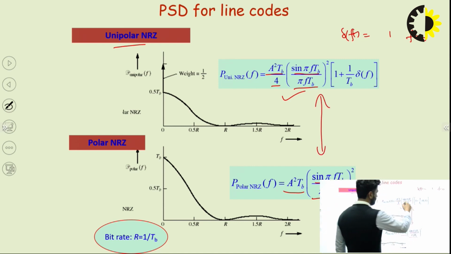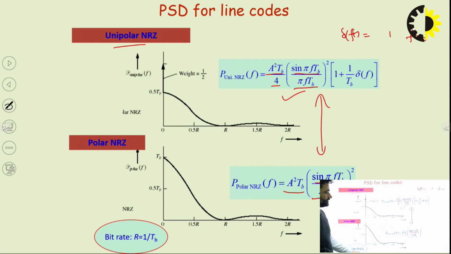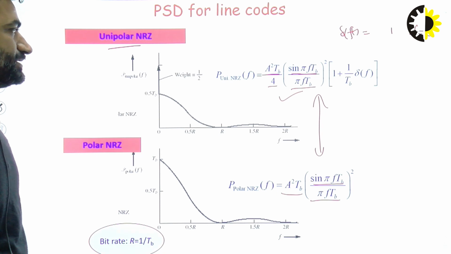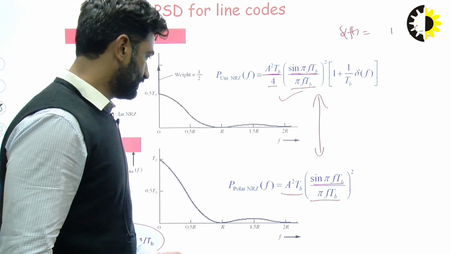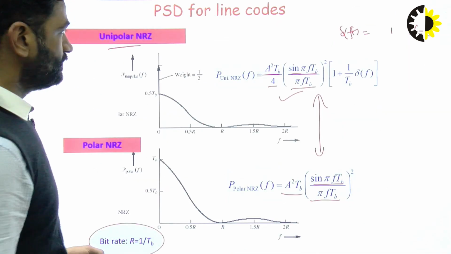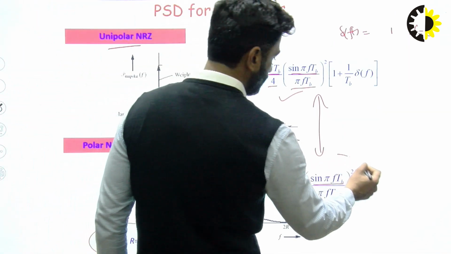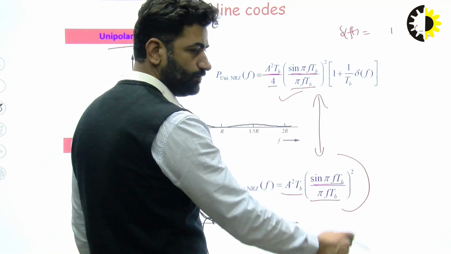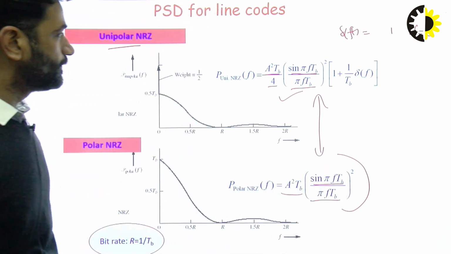You can compare these two PSDs. See, the polar PSD is higher as compared to the unipolar PSD, because in polar the autocorrelation function becomes 0 for k not equal to 0.